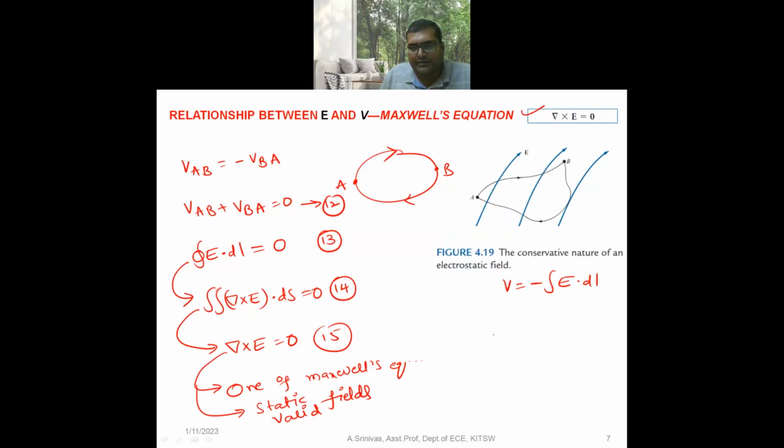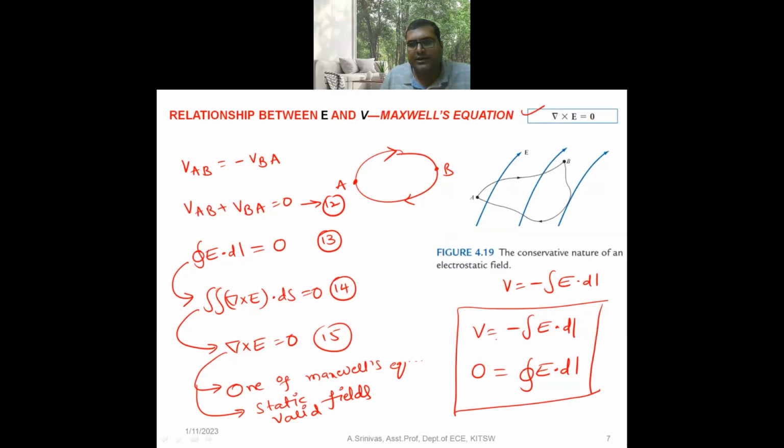You are supposed to remember here the key points. V is equal to minus open line integral of E dot dl, and if it is a closed line integral, it is not equal to V, it is equal to 0.